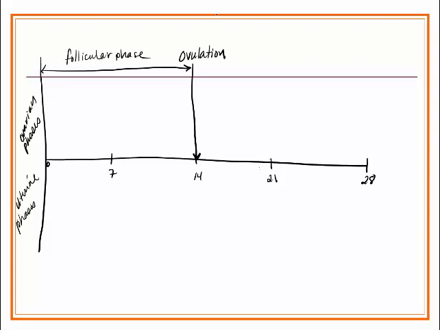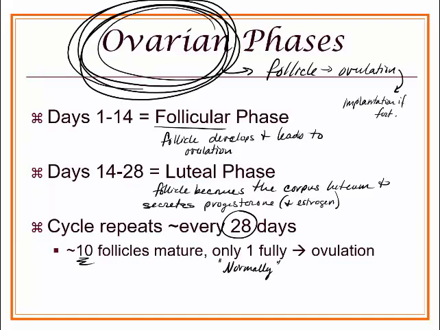That is happening inside the ovary. After ovulation, that follicle becomes the luteal body, or the corpus luteum. So it will go through the luteal phase. All right.